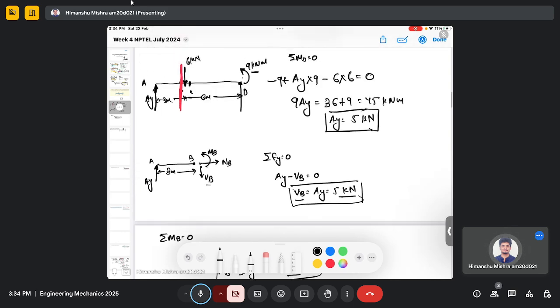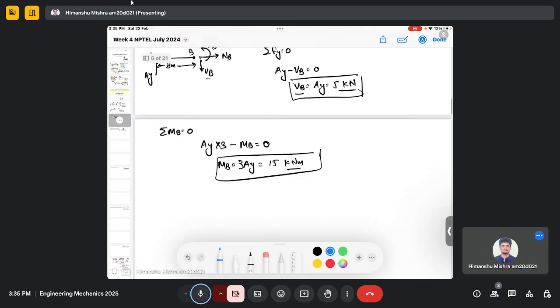Now we will make a cut at point C, just intermediate right side of this 6 kilonewton force. So it's 3 meter. So 6 kilonewton, and we have VC, NC, and the moment MC.